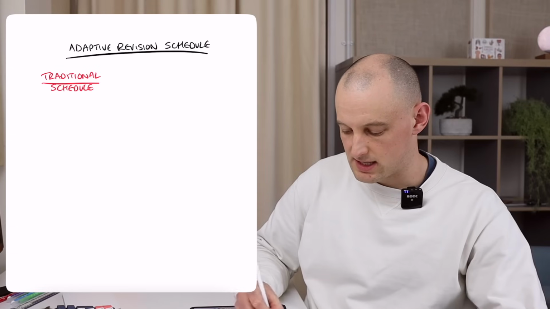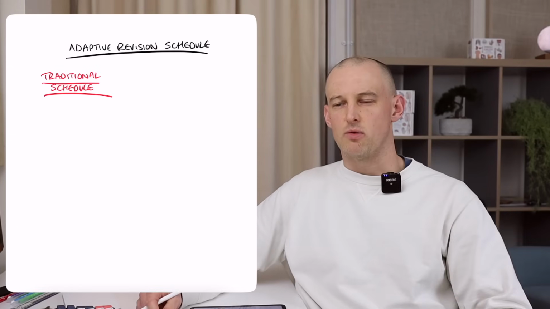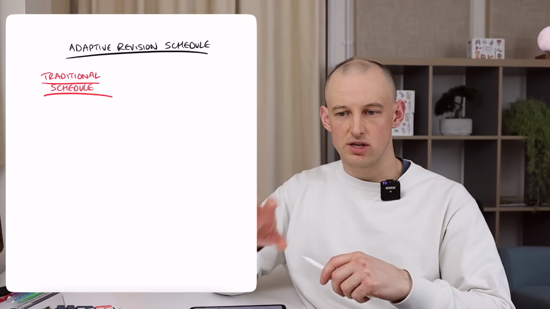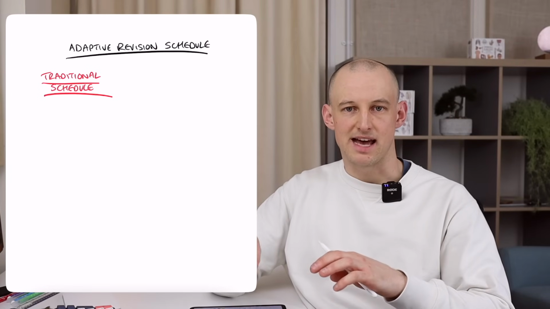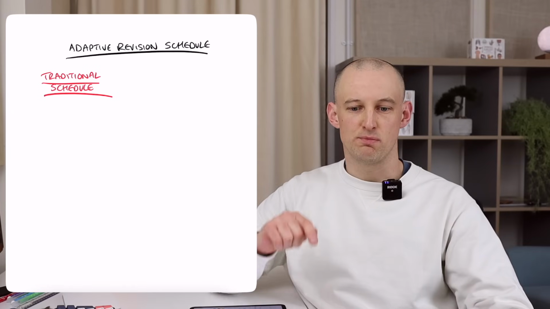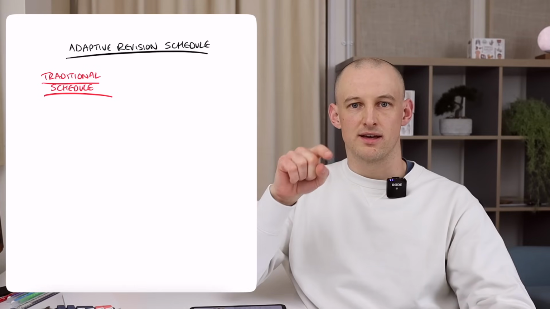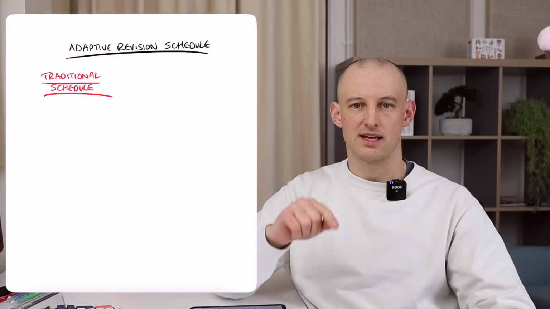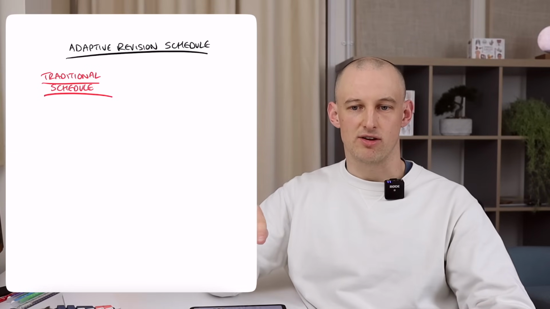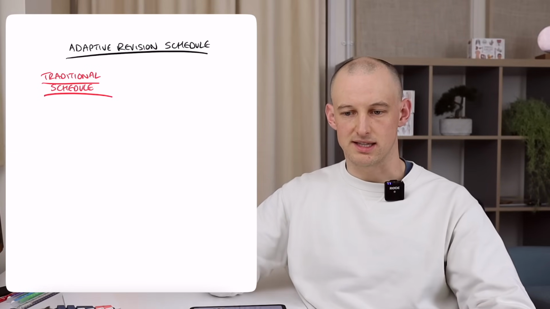So you may have come across this. You take a calendar and you say, okay, in 2 months, I have my exam. I have all these topics I'm going to cover. And then you put into your calendar, on Tuesday, I'm going to do cardiology and respiratory. On Wednesday, I'm going to do gastro and endocrinology. On Thursday, I'm going to do this and this.